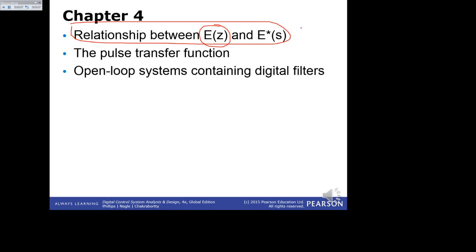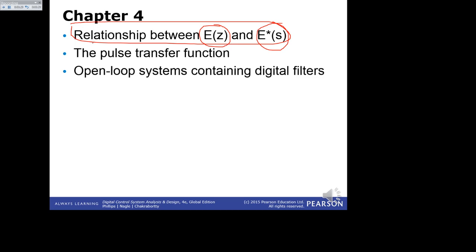So when you pass it through a sampler, you will get E*(s). In this chapter I am going to show you basically that this E(z) and E*(s) are the same. You will see how it will be.